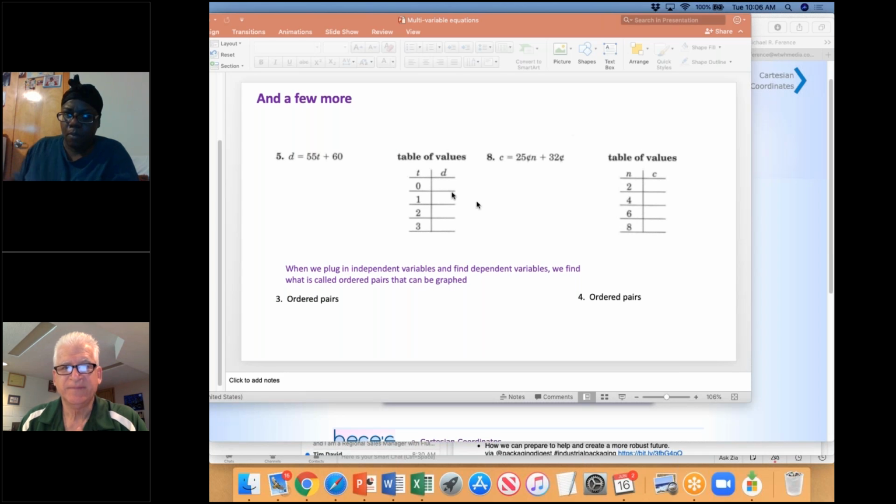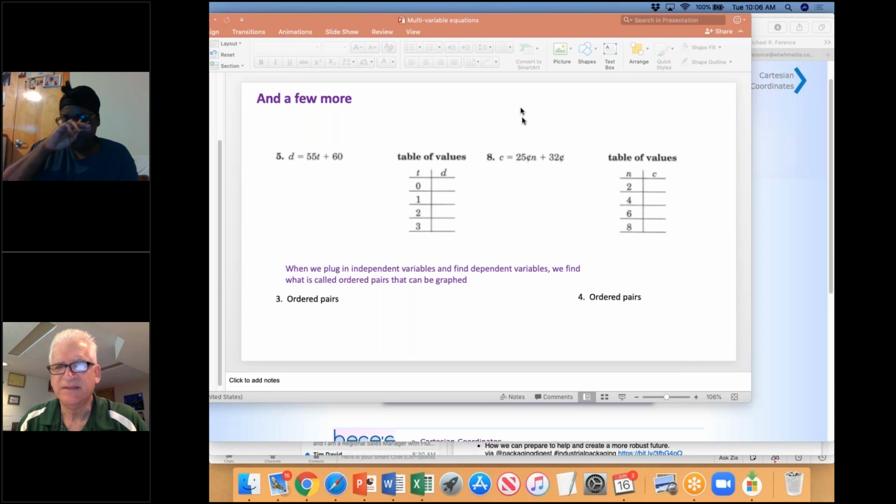It's the same thing. I don't think I'm going to go through all these, but it's the same process. Plug in the 0 for the t, multiply it out, add it, get an answer. Plug in the 1 for the t, multiply it out, add it, get an answer. You do all 4 of them, you have 4 ordered pairs, and you can graph that.